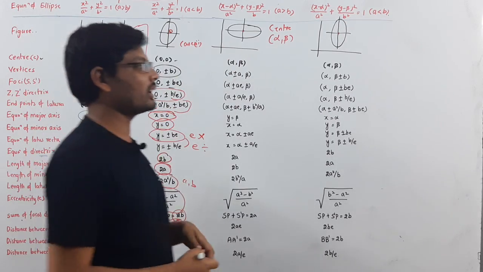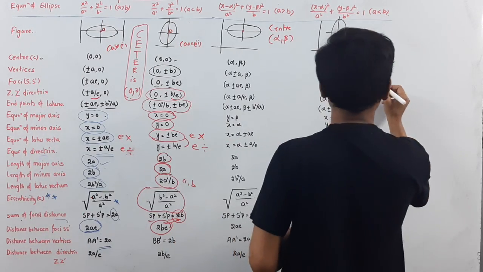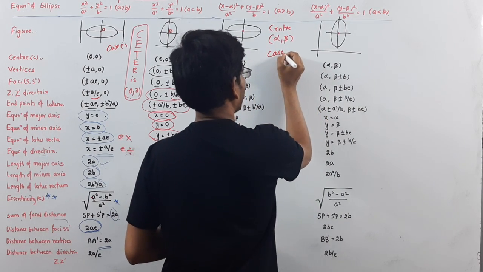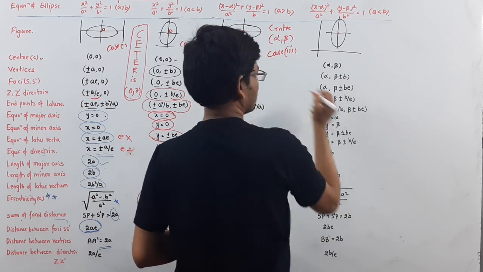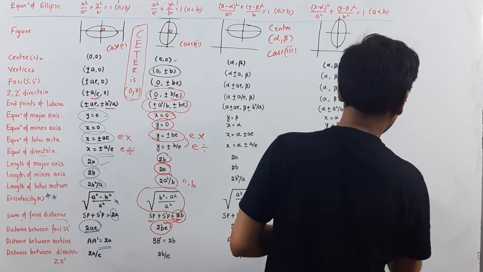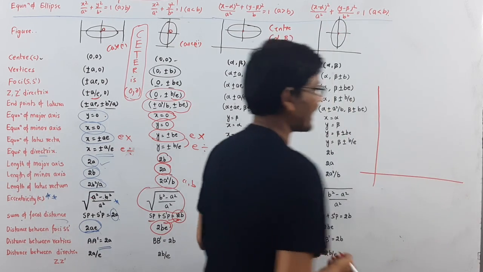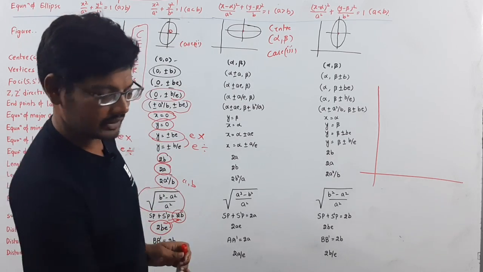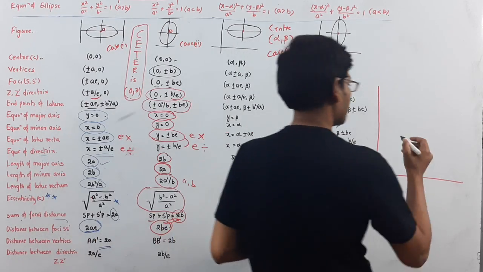Here is the diagrammatical representation for the third case, case number 3. I am taking axes, and for these axes I am taking an ellipse.